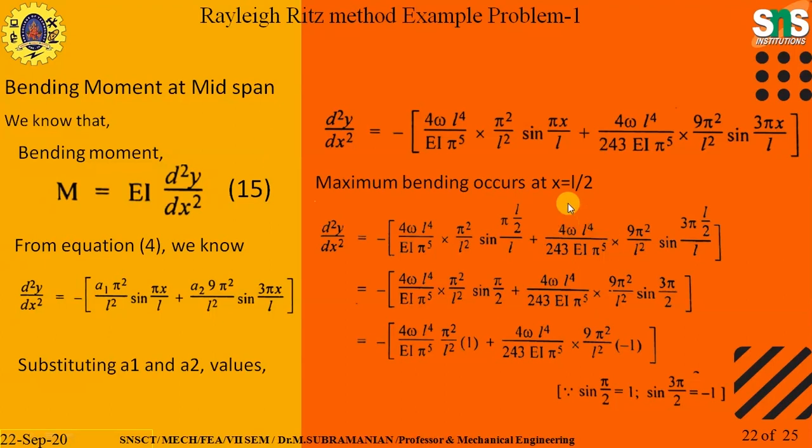So substitute this x equal to L by 2. So finally we simplify: sin pi divided by 2 is 1, sin 3 pi divided by 2 is minus 1.